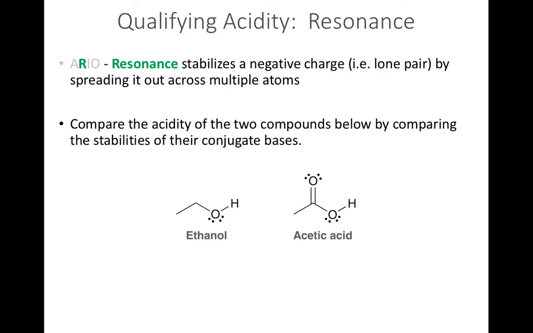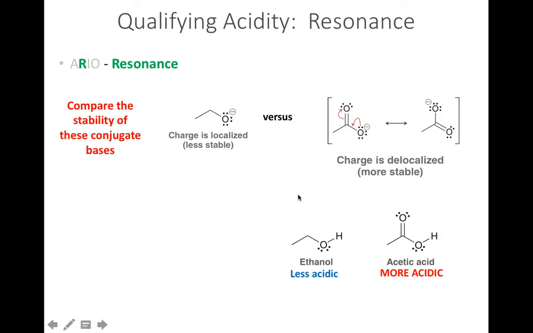All right, the second factor that we look at is resonance. If we can spread out that lone pair and negative charge through resonance, that's going to stabilize it. So if I compare ethanol with acetic acid, I want to look at the conjugate base that we form again. In the case of ethanol, that negative charge and lone pair is localized on that oxygen.